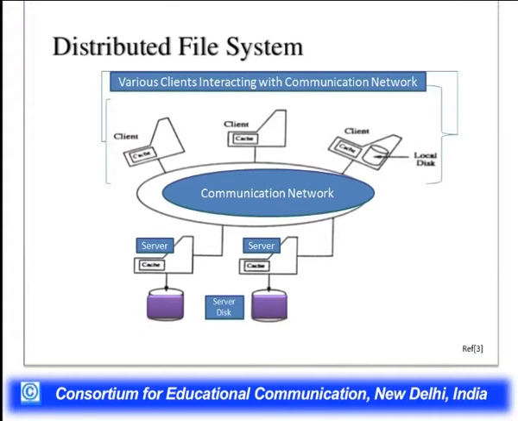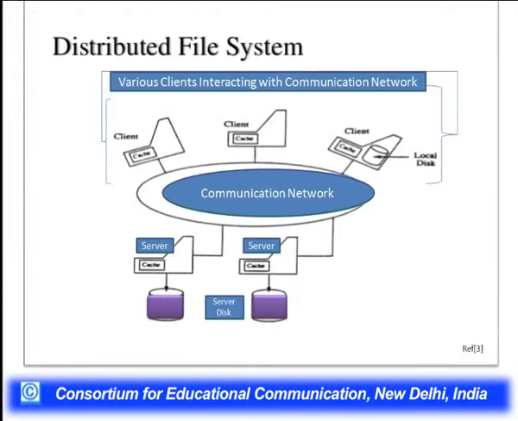So this is the figure which depicts what a distributed file system looks like. A distributed file system basically consists of a centralized communication network, and there are different clients which are accessing these services. These clients are also distributed at different geographical locations, and then we have servers.